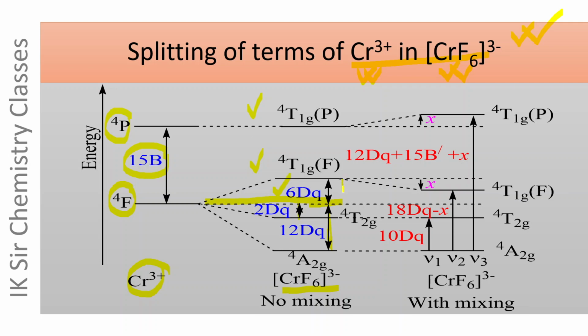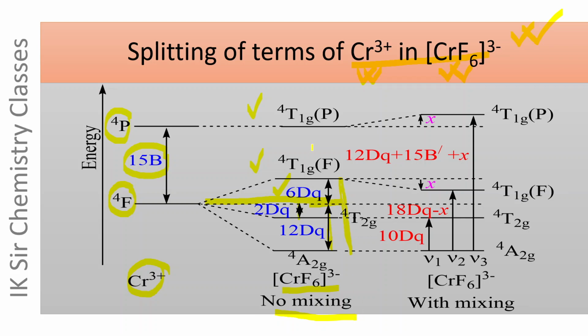Then this energy difference will be equal to 12 Dq plus 6 Dq, that is 18 Dq. It is the splitting of terms for the CrF6 3- ion without mixing.